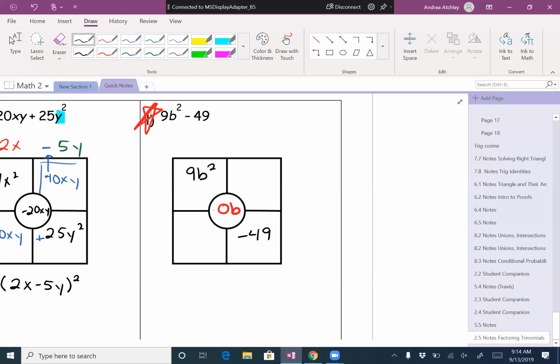So then we factor. What multiplies to 9b squared is 3b and 3b. What multiplies to 49? 7 times 7. Good. So 7 times 3b is 21b, and 3b times 7 is 21b. This is a negative, so these are opposite signs.